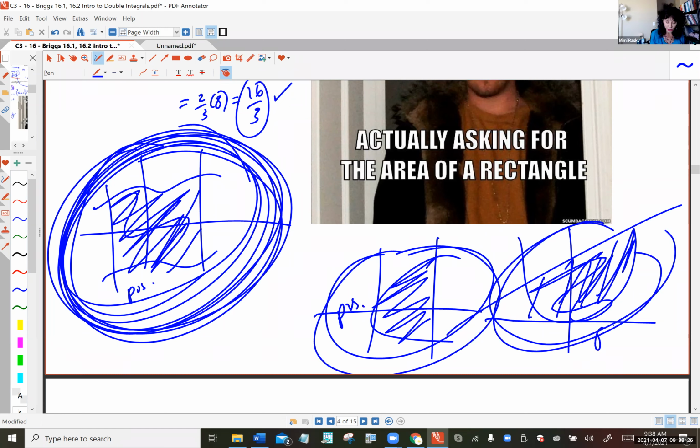Area between curves has to be positive. That's just the nature of area between curves. Oh, okay. When they ask you the area of a function between the function and the x-axis, which we're not doing, that's a different thing. Then the area could be positive, negative, or 0, right? We're not doing that. We're doing area between curves.